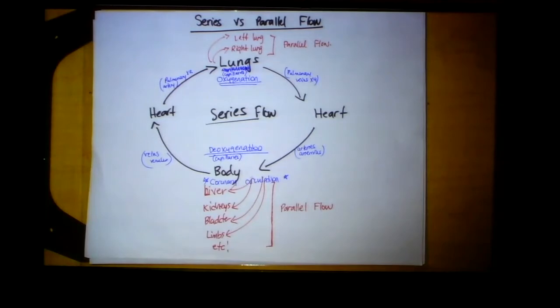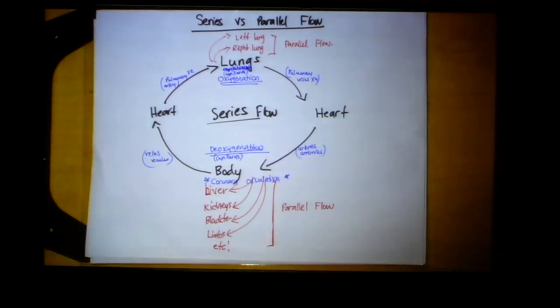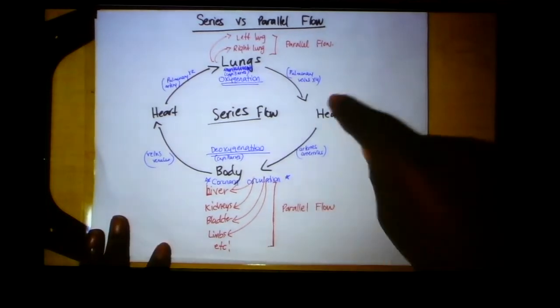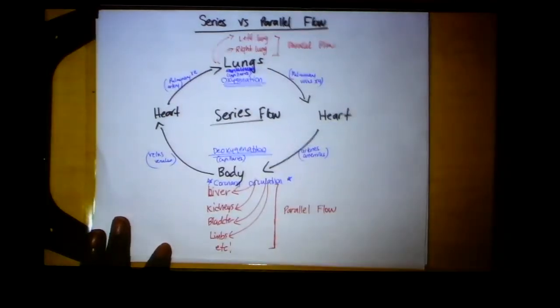The blood splits off here, and we have, say, 20% going to the kidneys, 20% going to the liver, 20% going to the bladder, et cetera, et cetera. And so this style of flow where the blood has an option is called parallel flow versus this flow where the blood does not have an option. This is called series flow.